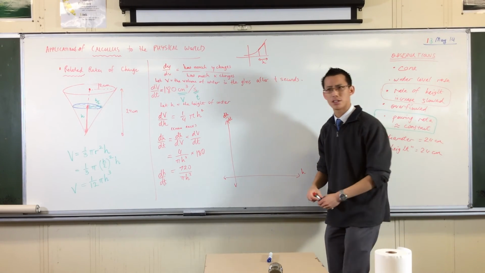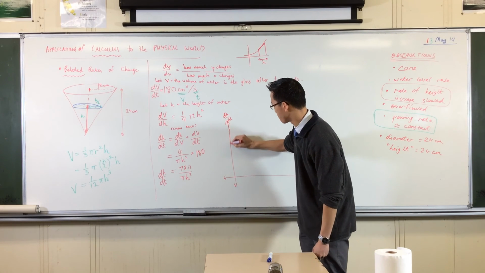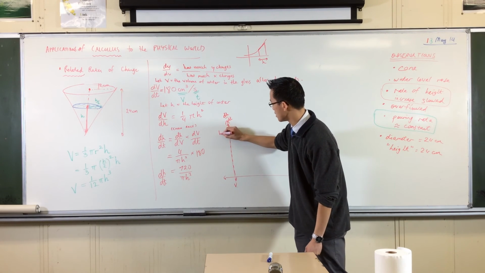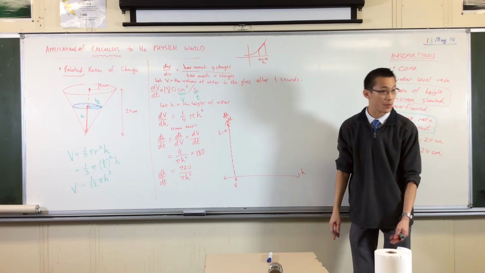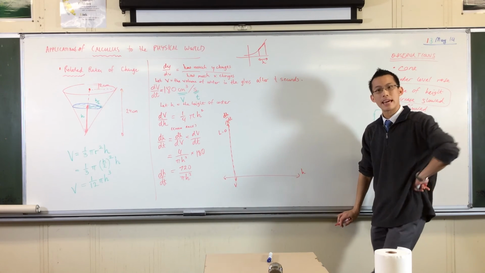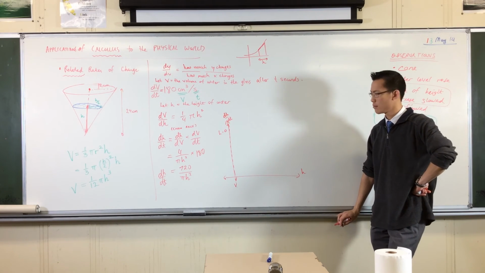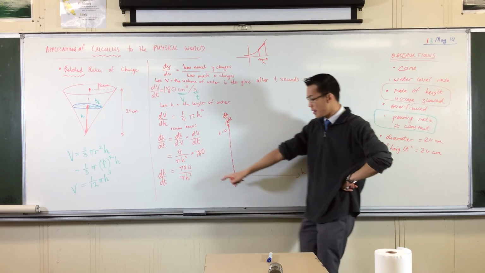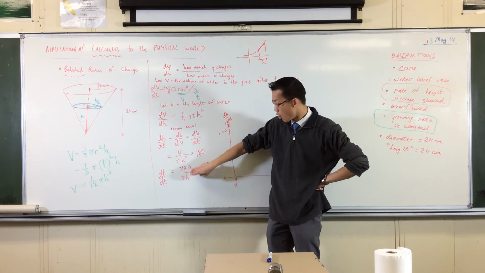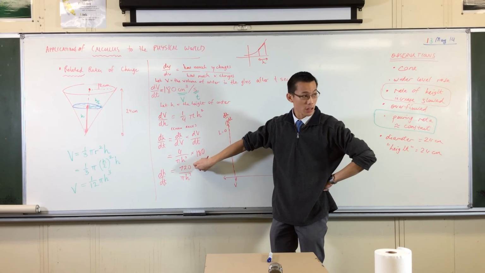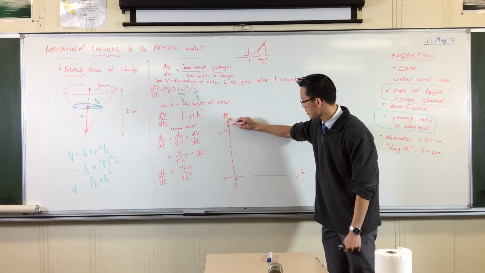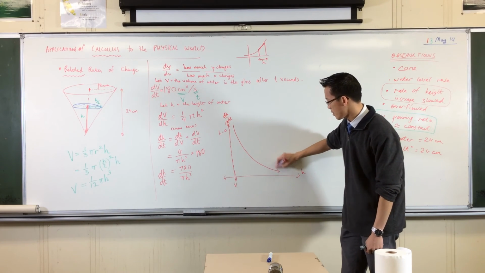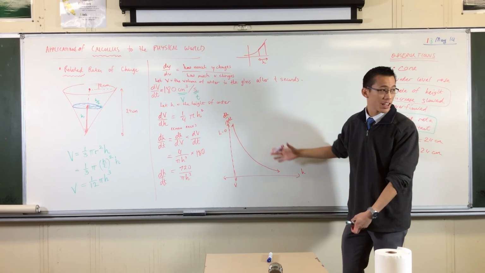Now we already established, didn't we, that it's not defined at h equals 0. Okay, so there's an asymptote there. Right? What happens as h increases? The denominator is getting bigger, so the whole number is getting smaller, isn't it? Right? So it's doing this kind of thing. Isn't it? Is that sort of accurate? Yeah.